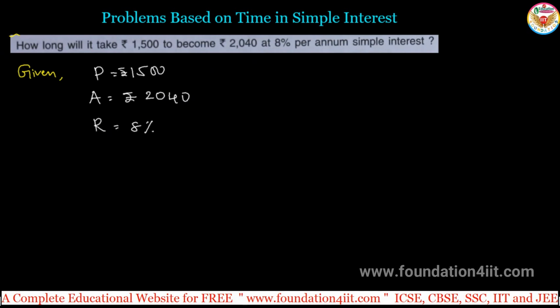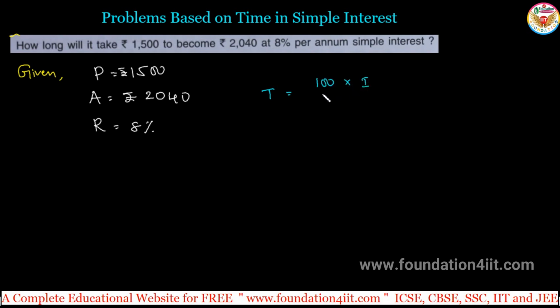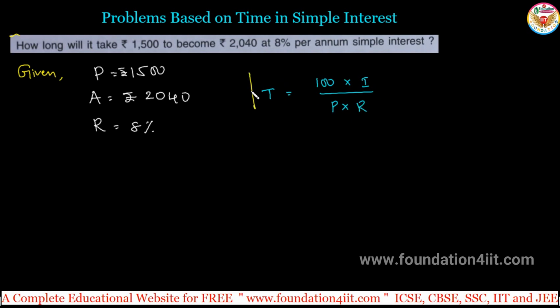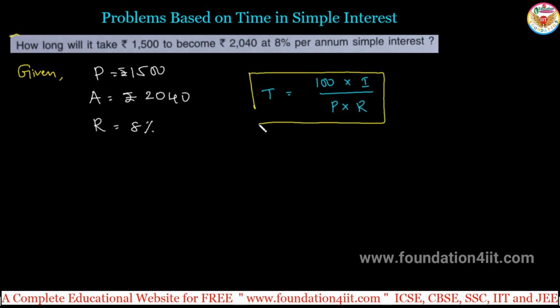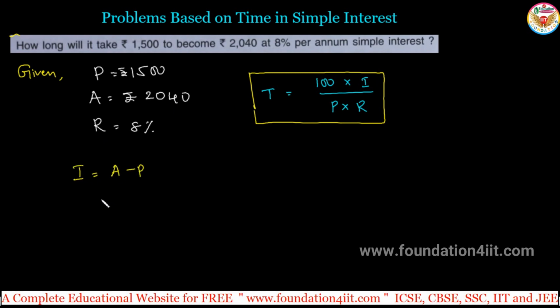Now how long will it take? We have to calculate the time. The time formula is T is equal to 100 into I divided by P into R. In this formula, you are supposed to substitute these values. In the question, P and A are given, R is given, but I is not there. So the interest formula is again amount minus principal.